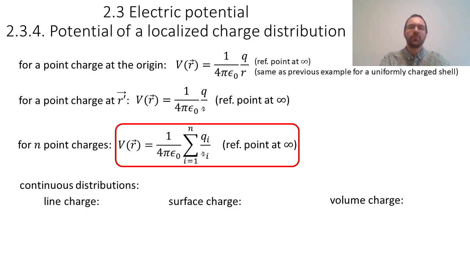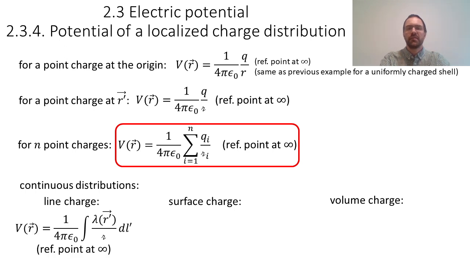And now we are ready to generalize this to continuous charge distributions, where we replace the sum by integrals. So for a line charge distribution, V equal 1 over 4 pi epsilon naught integral over the line of lambda of R prime over curly R dl prime.